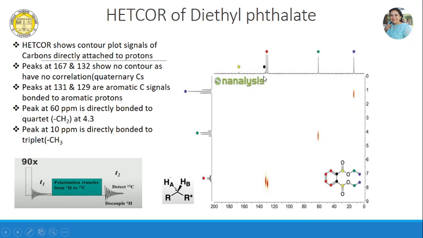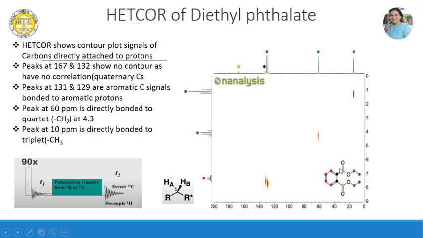Then if you see, I have got two other dots, peak 131 and 129. They are both aromatic carbon signals, and 131 is this one. It is bonded to aromatic protons, and this says 129. So they are bonded to aromatic protons, and where are they? They are here. These two will appear at one place and these two will appear together.